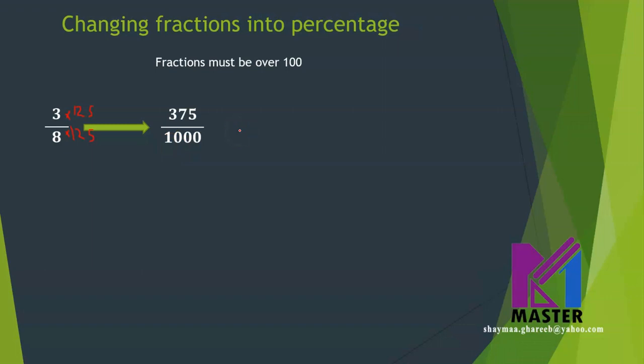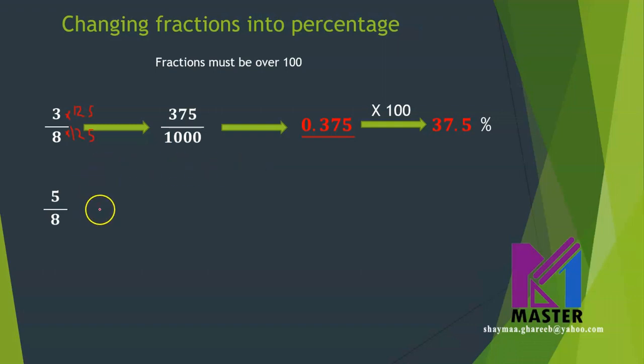Then I will change it into decimal, so it will be 0.375, and then I will change this decimal into percentage by multiplying by 100, so it will give me 37.5%. Is this clear? The 1/8 is one of the most important fractions as well, same as all the fractions in this video, so you have to study them all. And as we said before, you should know them by heart as a percentage and as a decimal as well.